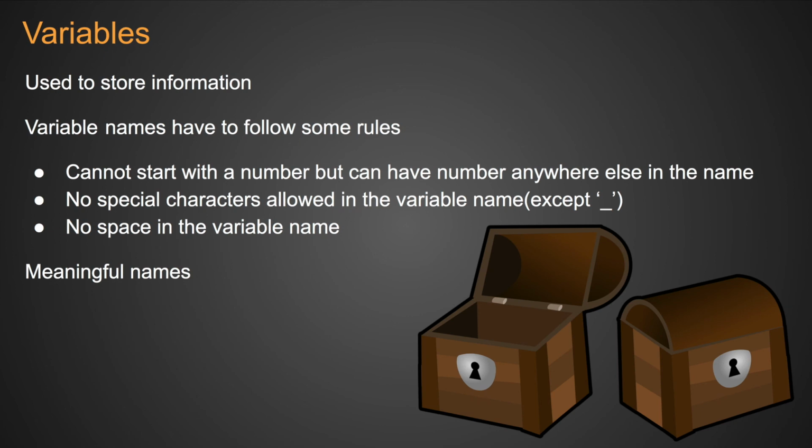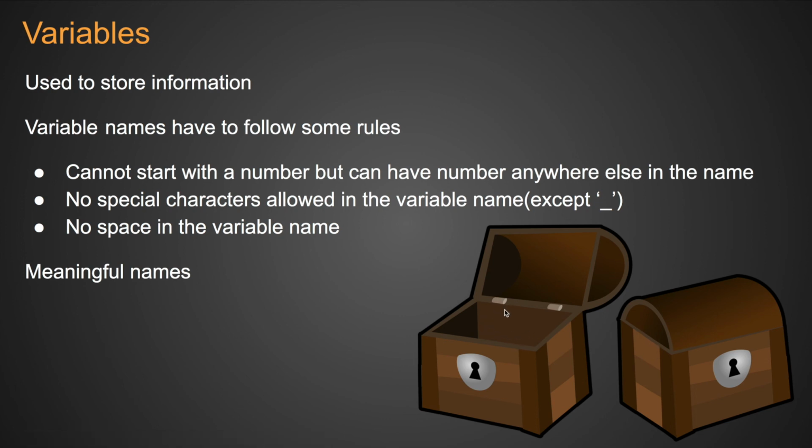Next, we're moving on to what is called as variables. So variables are basically, you can imagine it like places where you can store information. So for example, imagine any locker where you're going to store information. So each of these boxes may contain different information, and these boxes may be at different locations.